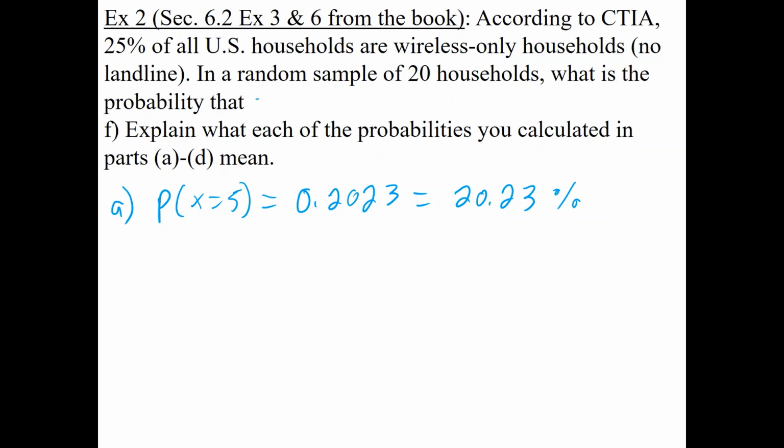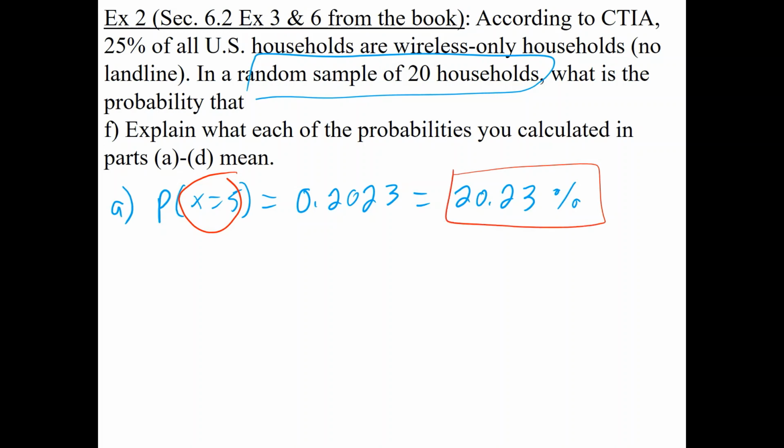We're sampling 20 households many times. And if you do that, then exactly 5 will be wireless about 20.23% of the time. So if you randomly sample 20 households many times, exactly 5 of the households will be wireless only, about 20.23% of the time. Okay, let's write this down.